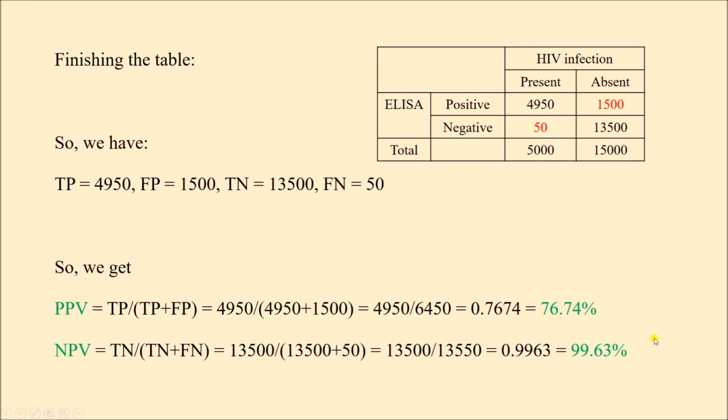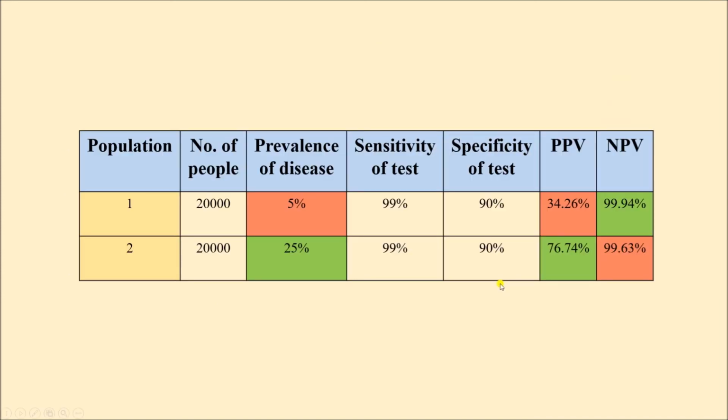So now we have the positive and negative predictive values of ELISA test when applied in the second population as 76.74% of PPV and 99.63% of NPV.